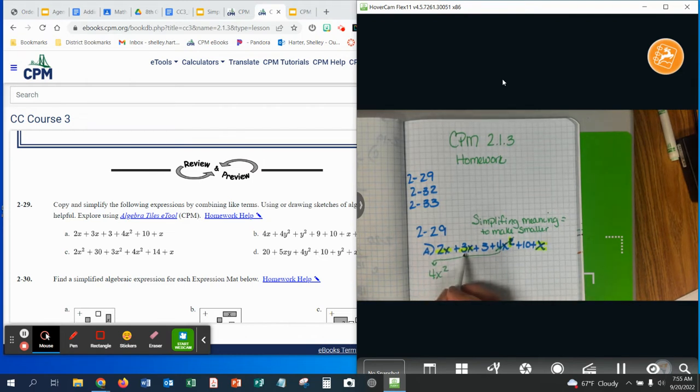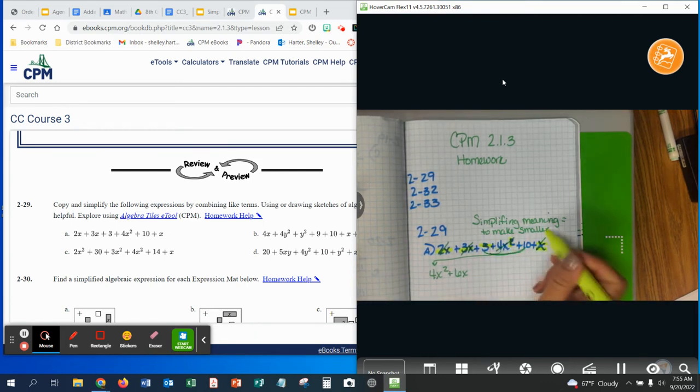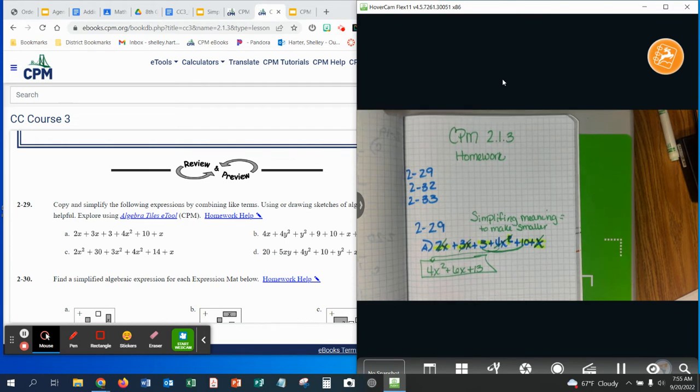So 2 plus 3 is 5 plus 1x is 6x. So these 3 are done. These are the last 2, the 3 and the 10. You just add 3 plus 10 is 13. And that's your answer. So let's do C together.